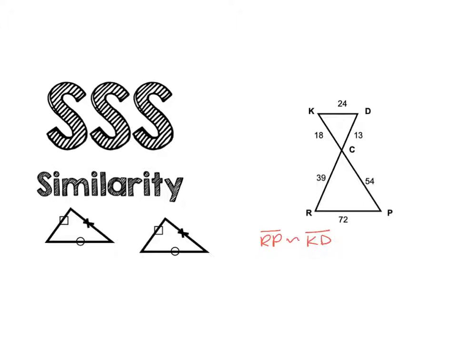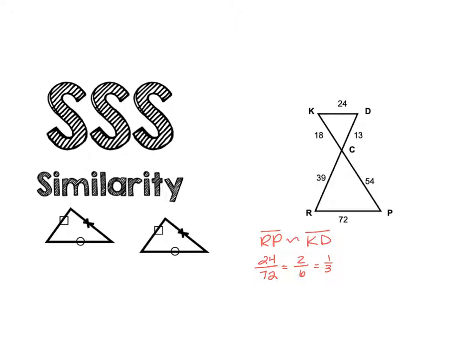So 24 over 72, and I can divide by 12, and that's going to be 2 over 6, or 1/3. So basically we have a scale factor of 1/3 if we're going from KDC to PRC.